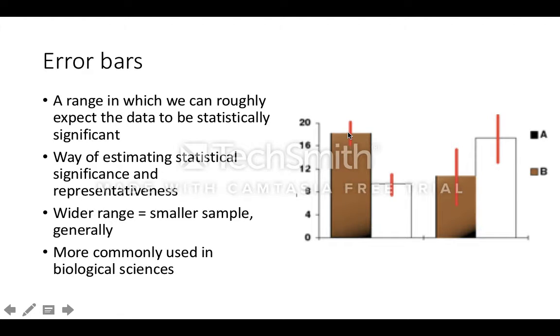But if you ever do see this, you'll know what it means: that for this finding of 10, for us to believe that our finding is representative of the finding in the population as a whole, we can look at the error bars, which show us a range of, this looks to me like 7 to 9.